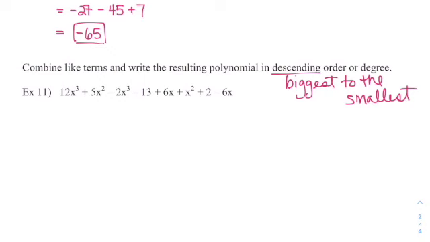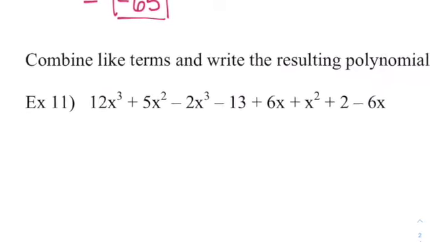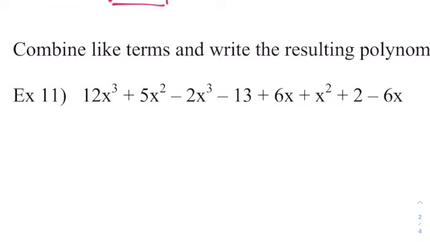Now to combine like terms, remember what I showed you. You need to understand where you are separating your terms. So to separate my terms, I'm going to draw the line to start off with. You don't have to do this after you get used to it. I like to draw my line just because it will keep me organized and make sure I don't miss any term. And I usually start with my biggest exponents.